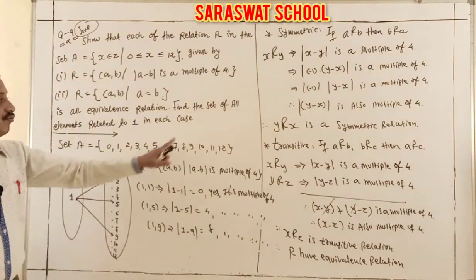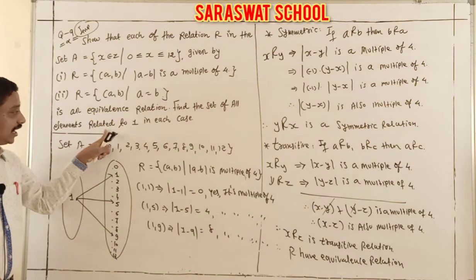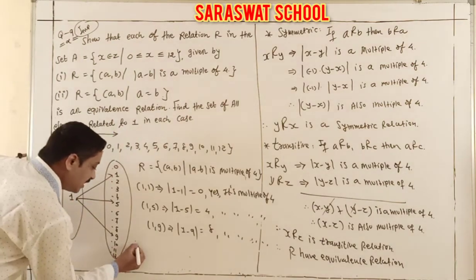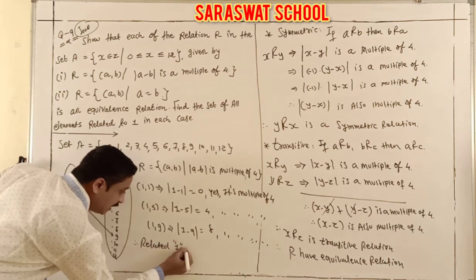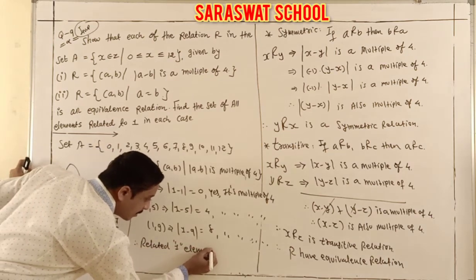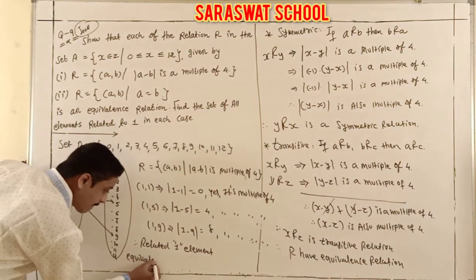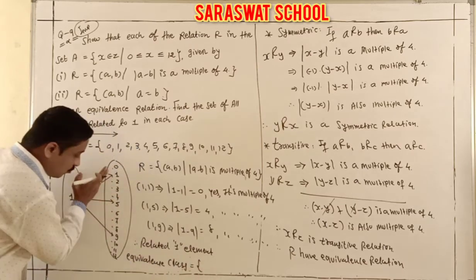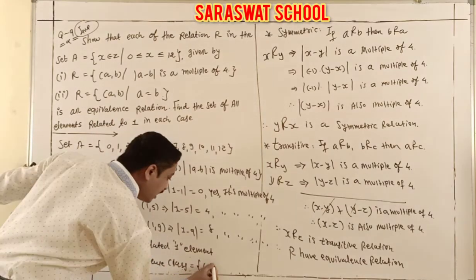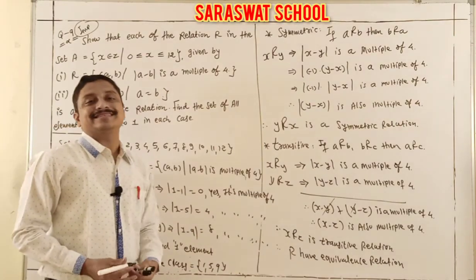It means find the set of all elements related to 1 in each case. So my final answer, the elements related to 1, is an equivalence class. What is the answer? 1, 5 and 9. These are our final answer for the equivalence class.